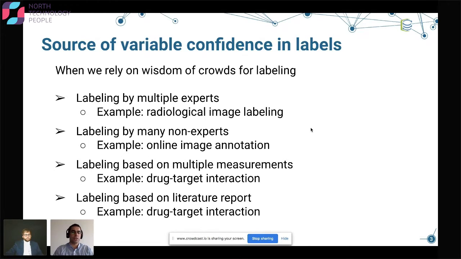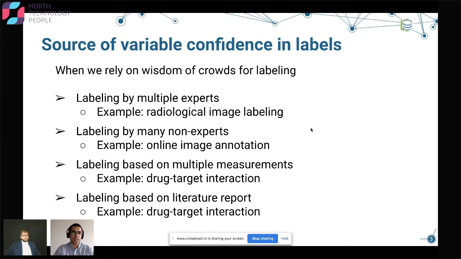The other two scenarios that happen for us, and many other applications, specifically in medicine and biology, are multiple measurements that we can have based on different technologies, or repetition of the measurement using the same technology, or even literature-based annotation. For example, different papers may report that this drug interacts with that target.